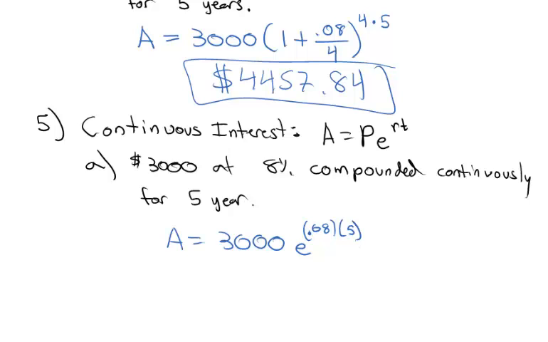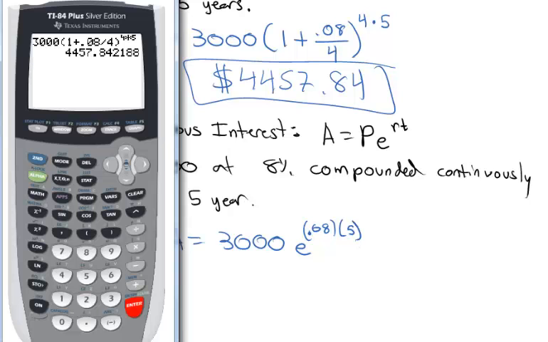Again, we'll do that on our calculator. 3,000. To get the e, we're going to hit the second button in the top left first, and then we will hit the LN, which is right next to the number 4. That will either open up a parentheses if you have a TI-83, or it'll stick you in the exponent if you have a TI-84.